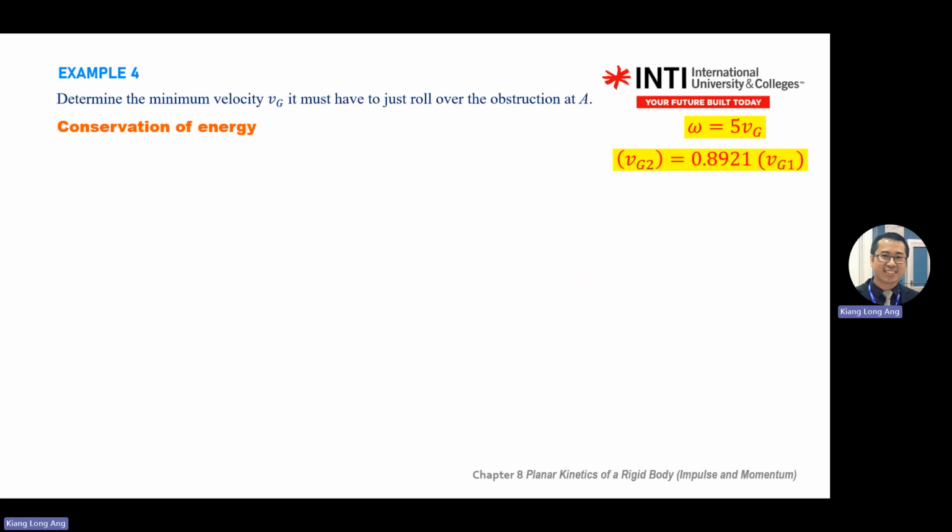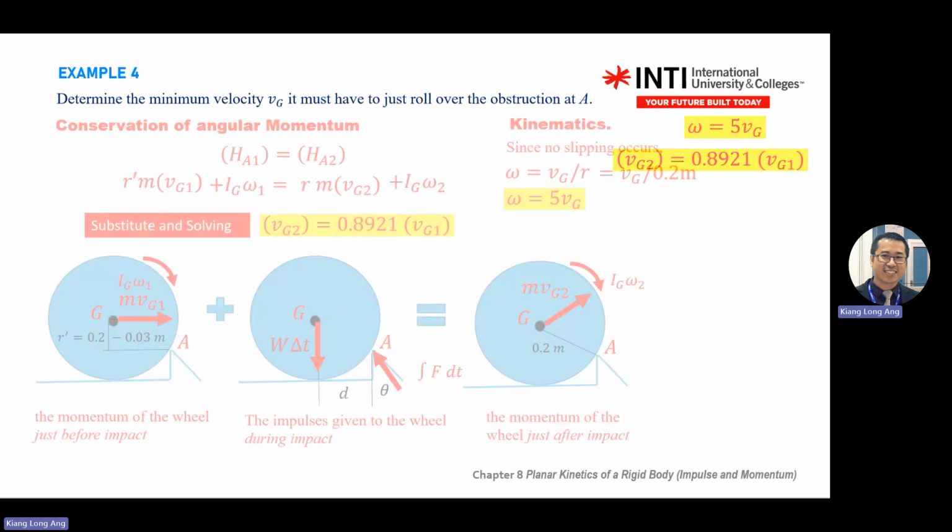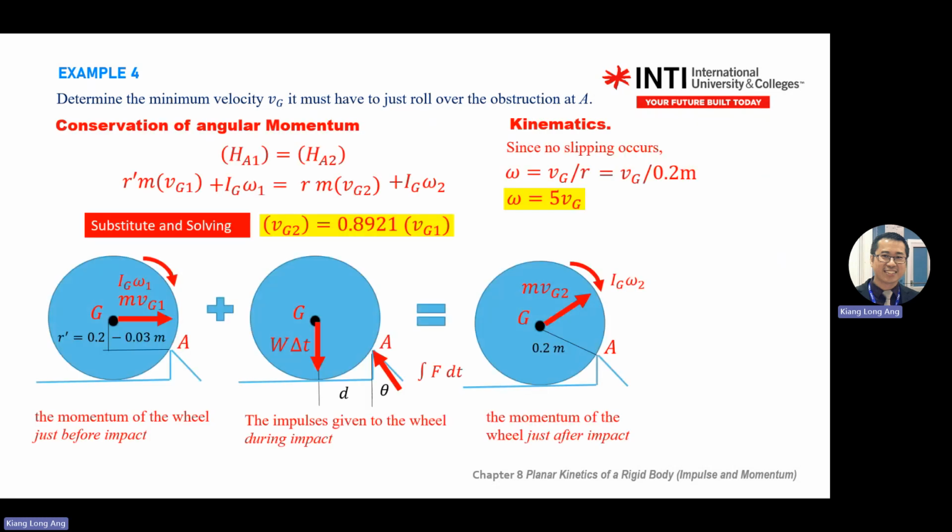You can do them side by side. If the question forces you to do conservation of angular momentum, sometimes you arrive at two unknown parameters and don't know how to go on. Look for conservation of energy, because you look at two kinds of energy, kinetic and potential.